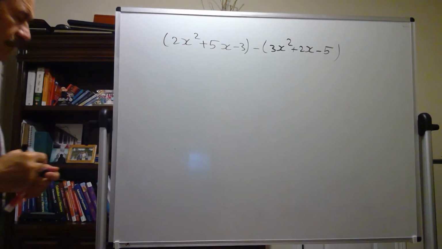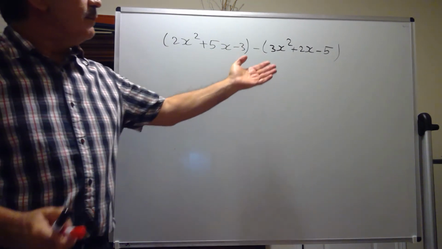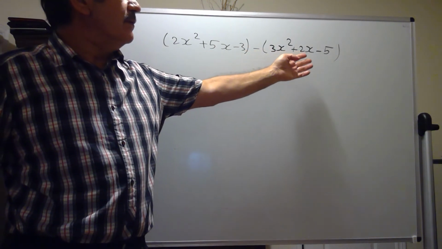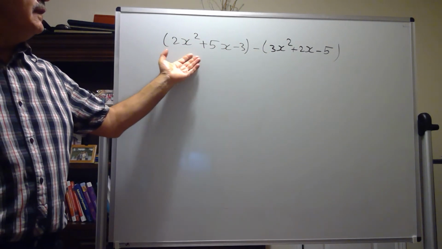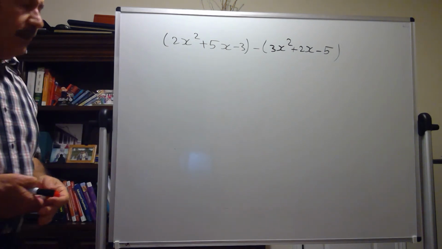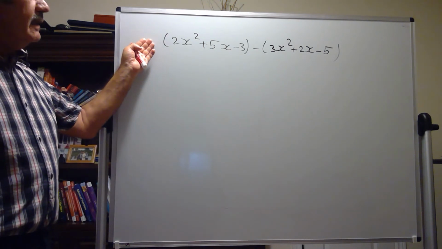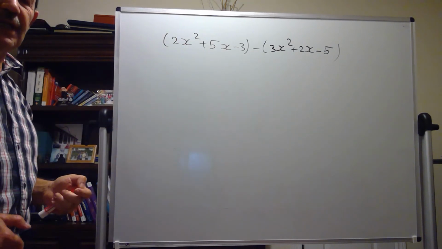Okay. I'm subtracting these two polynomials, or I'm subtracting 3x squared plus 2x minus 5 from 2x squared plus 5x minus 3. Again, because before this bracket is a positive sign, remove the bracket without doing any changes.